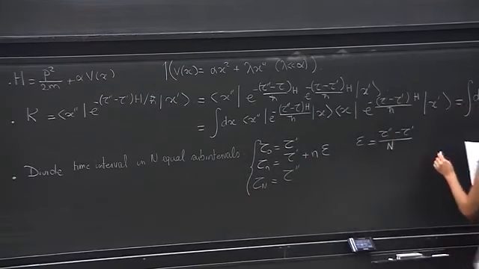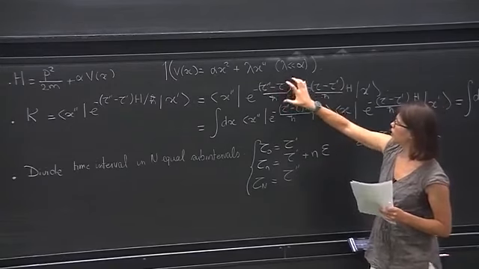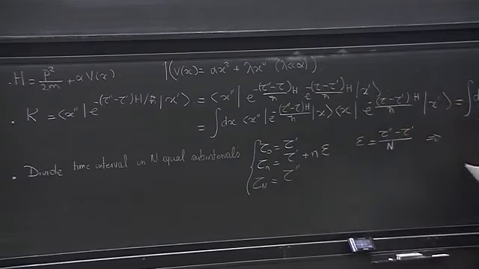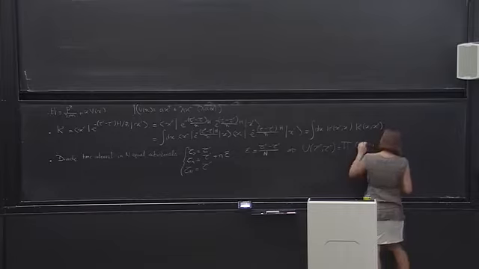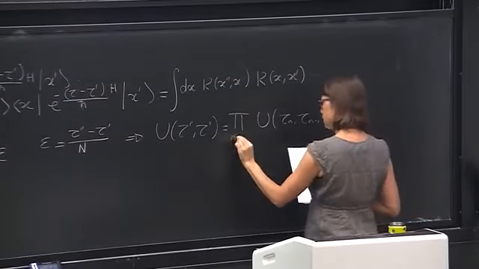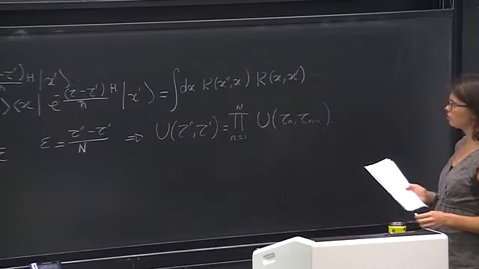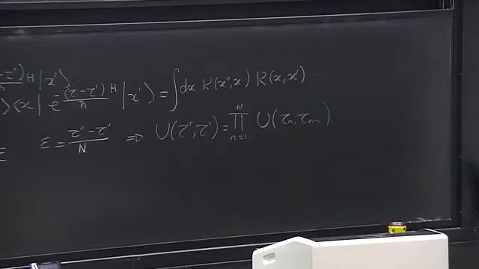And so for this now, this means that I can do the same trick here. Instead of dividing my time evolution operator into 2, I'm going to divide it into a product of n. And so this means that now it can be really written as the product of n, and I'm going to use now the same trick to compute my propagator.